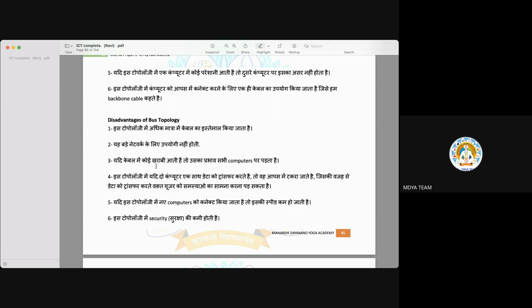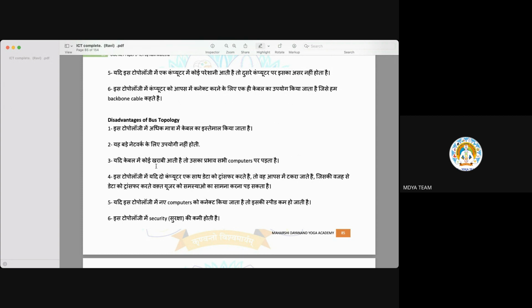So in this topology, data transfer is possible between two computers. But if both computers are interacting, the data gets spoiled, the data gets affected. So data transmission can be done only in one direction.